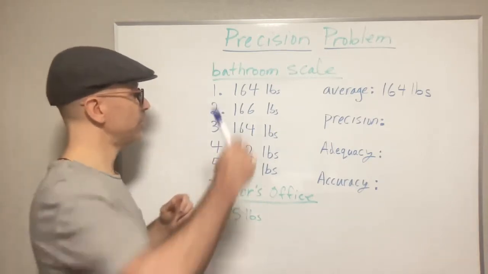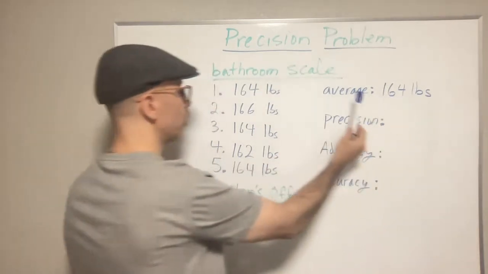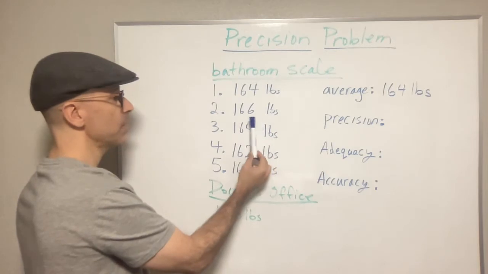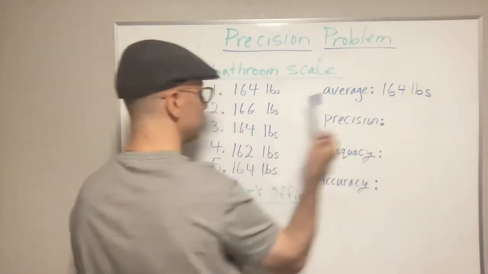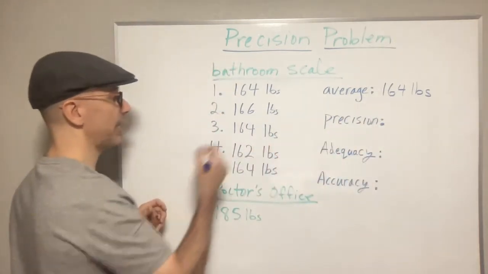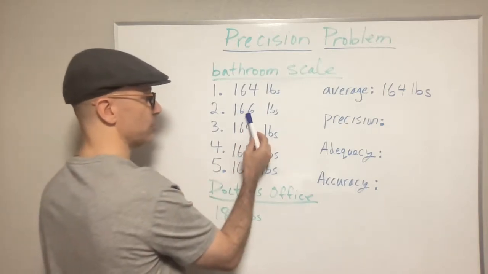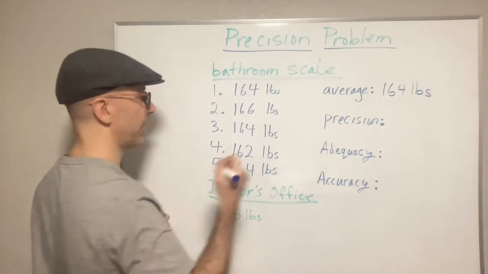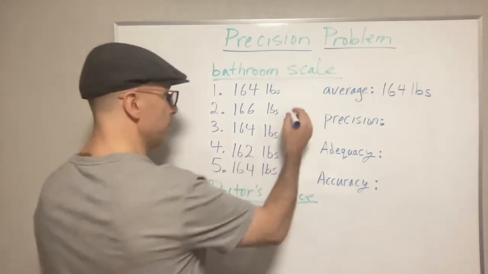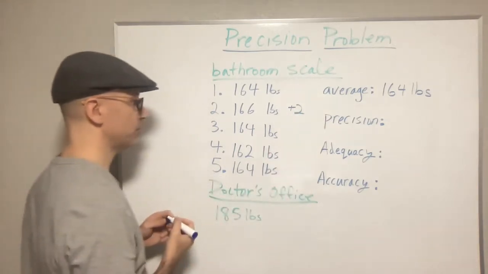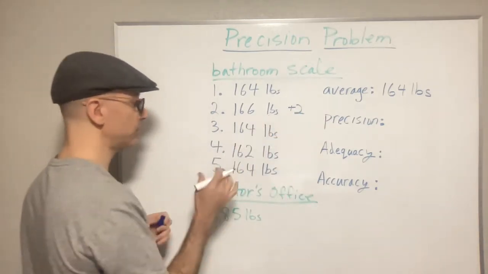So if we look at 164, let's find our highest. This is our highest here. If we subtract 164 from there, we get a difference of 2, right? So that's going to be a difference of 2 for the highest value.